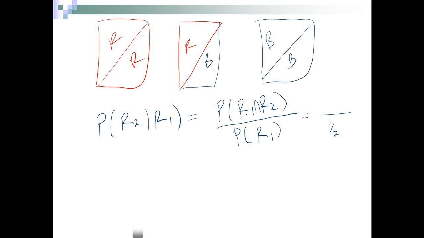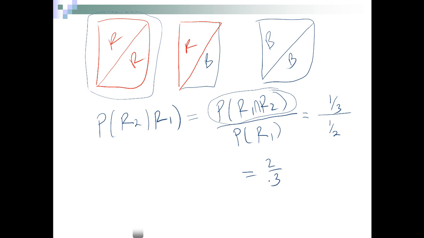And now the question is, what's the probability that the first side we saw was red, and the second side we saw was red? Well, the only way this can happen is if we pick this card. And so what's the probability that we pick that card? It's 1/3. So 1/3 divided by 1/2 turns out to be equal to 2/3.